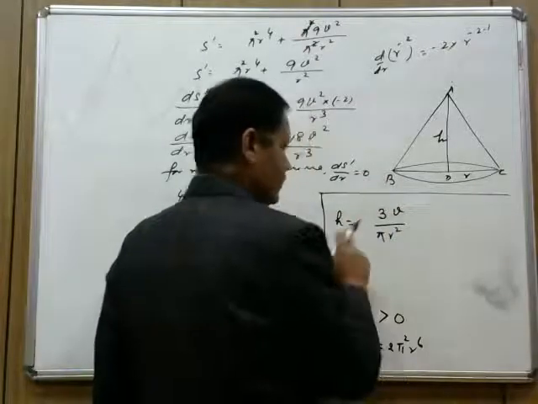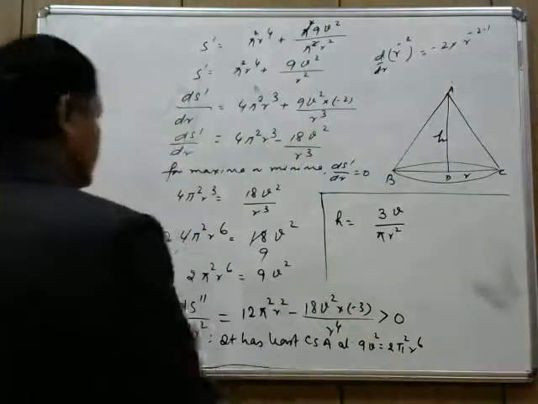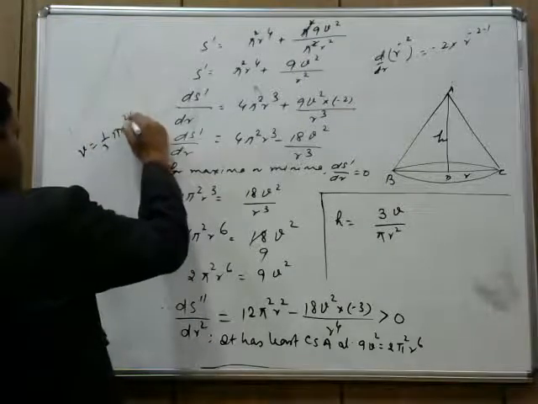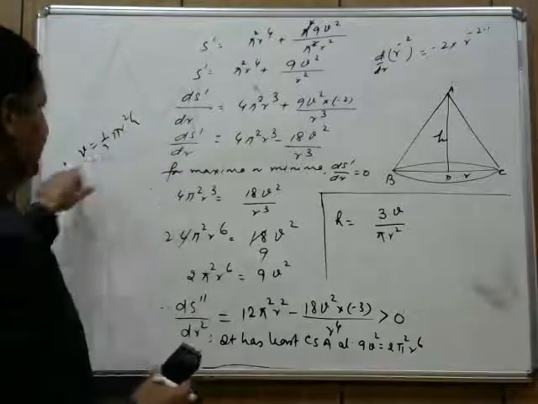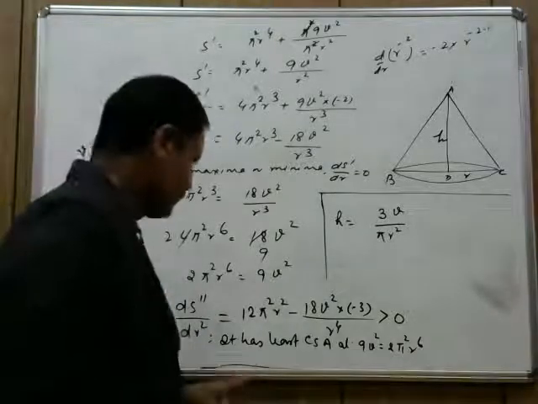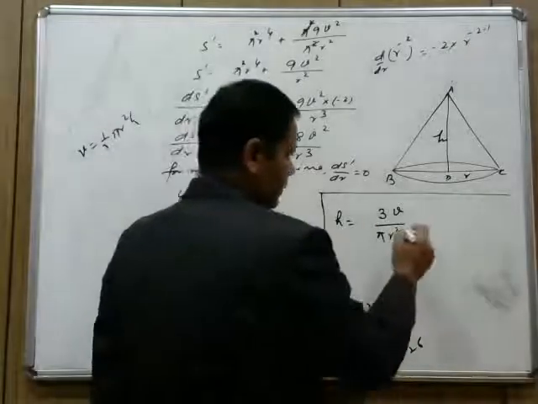This was the relation we had initially, because we know that v is equal to 1 by 3 pi r square h. In the second line I have written that 3v upon pi r square is equal to h. Now we have the value of 9v square.